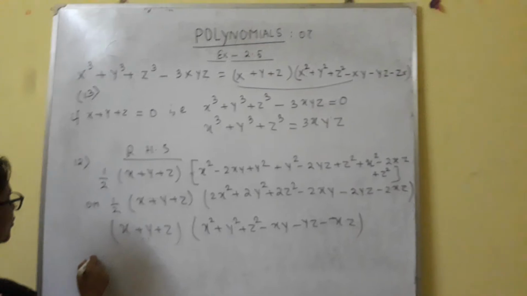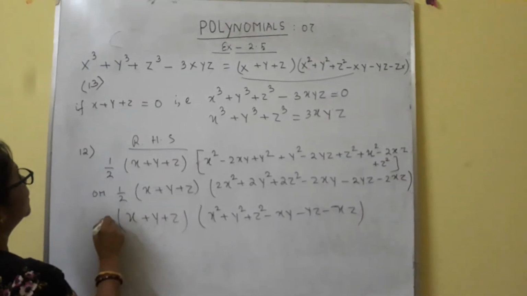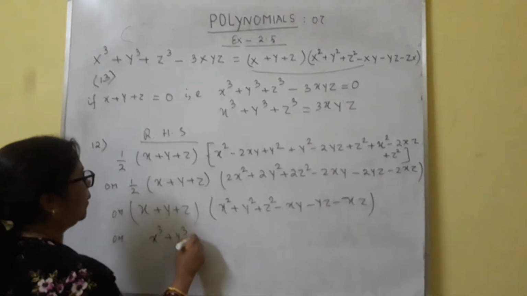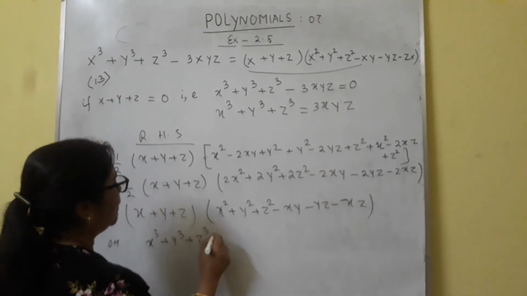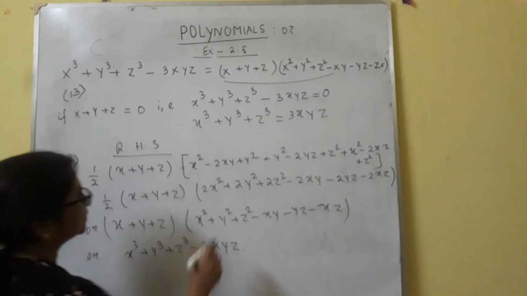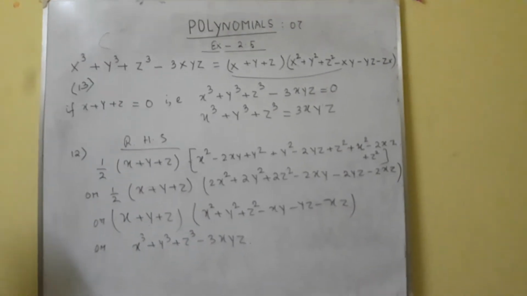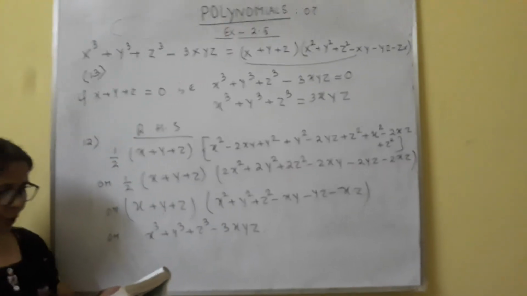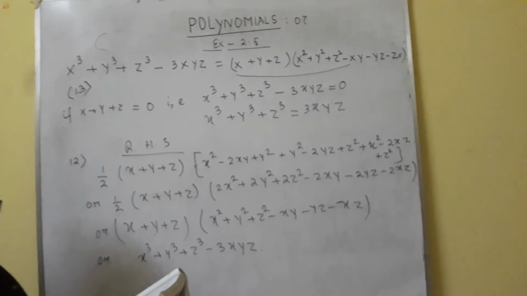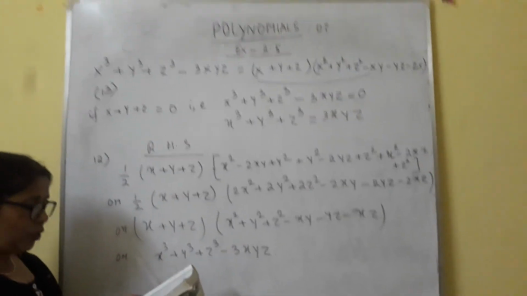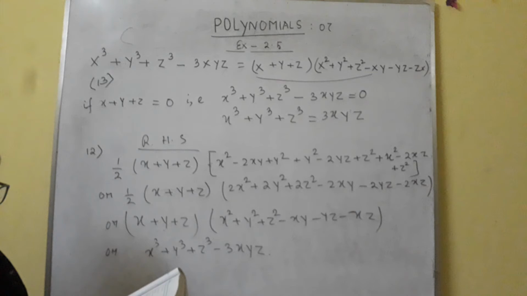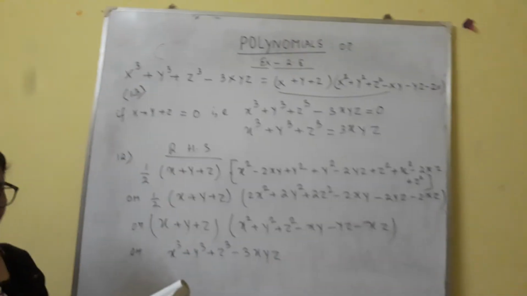So this equals x cube plus y cube plus z cube minus 3xyz. Now using this identity, we solve question number 14: without actually calculating the cube, find the value of each of the following.